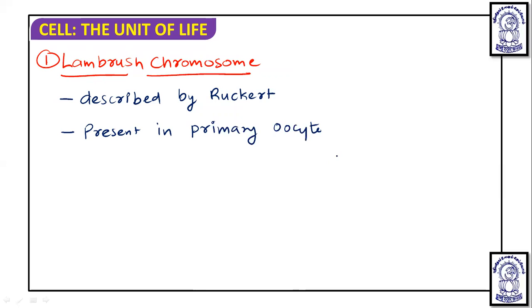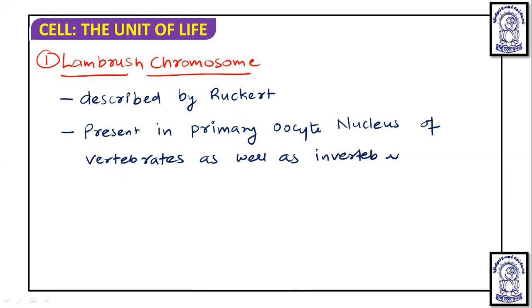So they are large sized and are found in the primary oocyte.